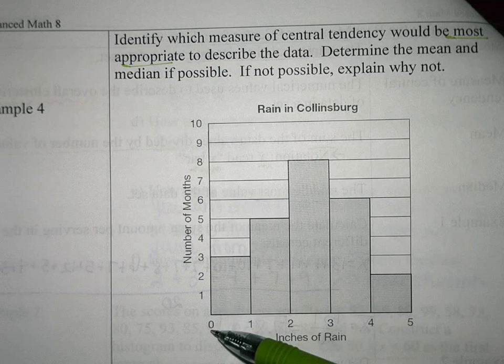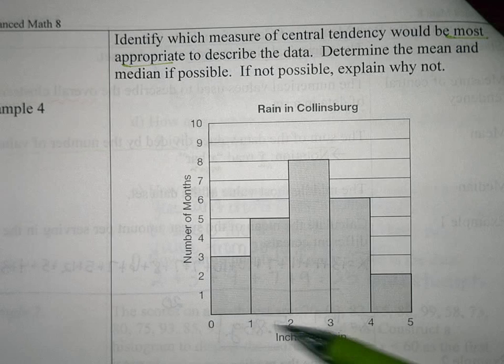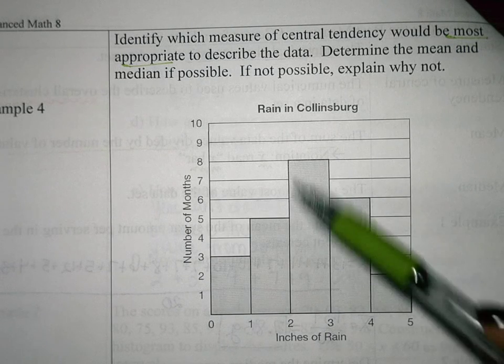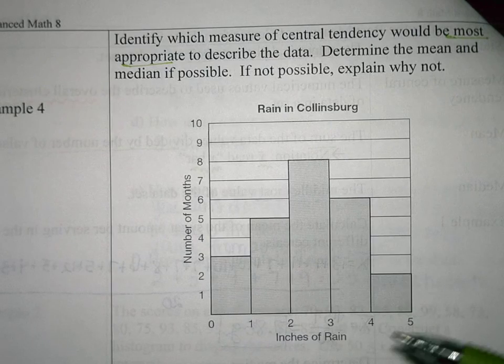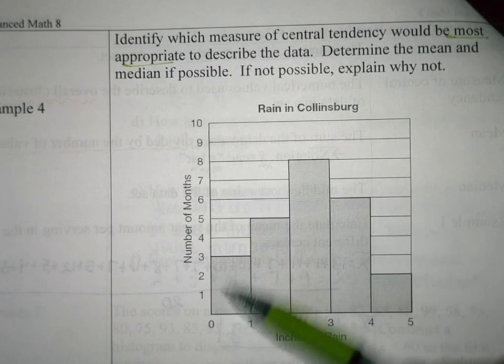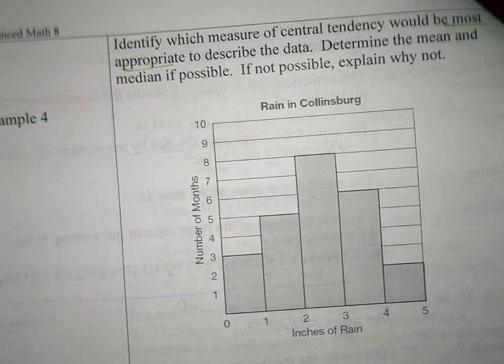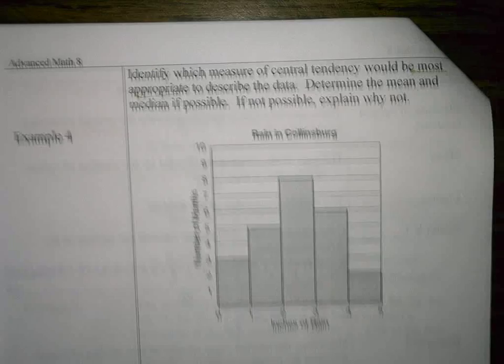The months that received between 0 and 1 inches of rain, there were 3 of them. There were 5 months that received between 1 and 2 inches of rain, 8 months that received between 2 and 3, and so on. If we look at our histogram, this looks pretty symmetrical to me. It's not really skewed one way to the left or right. So because our data is very symmetrical, the mean is going to give us a really good representation of central tendency and how much rain, on average, we received.